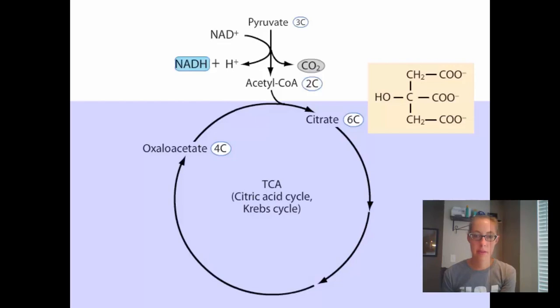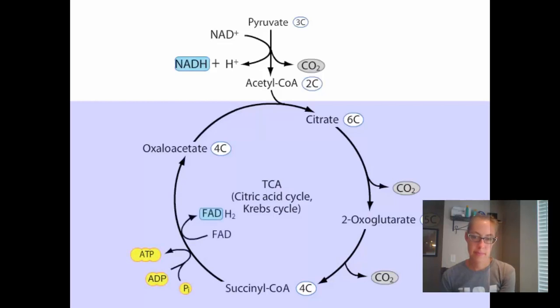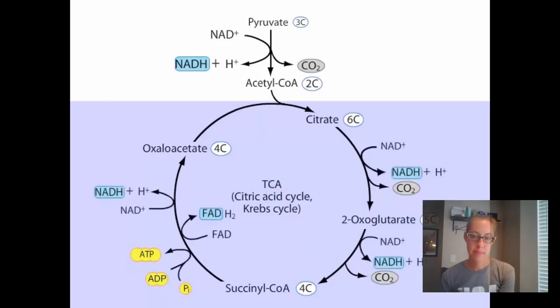In the TCA cycle, the 2 remaining carbons are removed in the form of 2 carbon dioxide molecules. The energy released by the removal is captured in energy carriers, ATP, FADH2, and NADH. As a result of these reactions, the 4-carbon molecule, oxaloacetate, is reformed and can be used in another round of the TCA cycle.